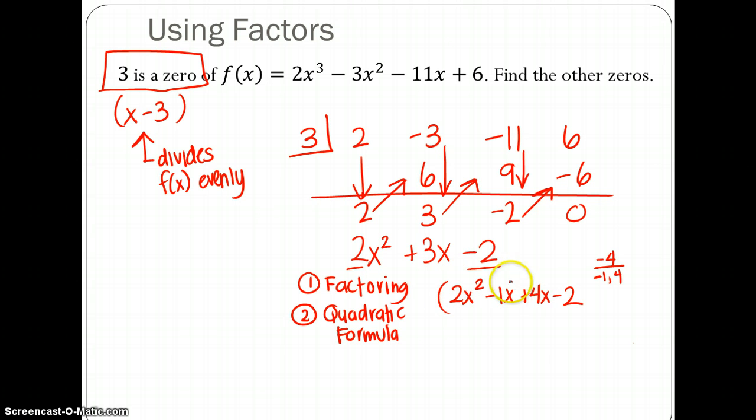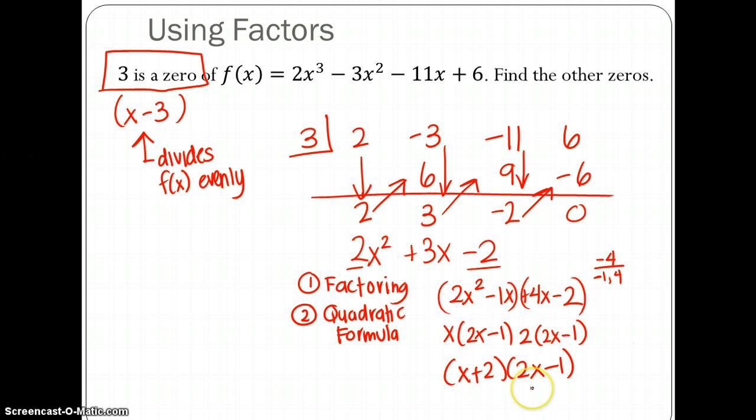So we can factor the ways we've used previously when we were talking about just quadratics. Finish our factoring off, take out our GCF in each group, and we use a method that we're familiar with in order to find the other zeros, the other roots. So the idea here is we can take synthetic division.